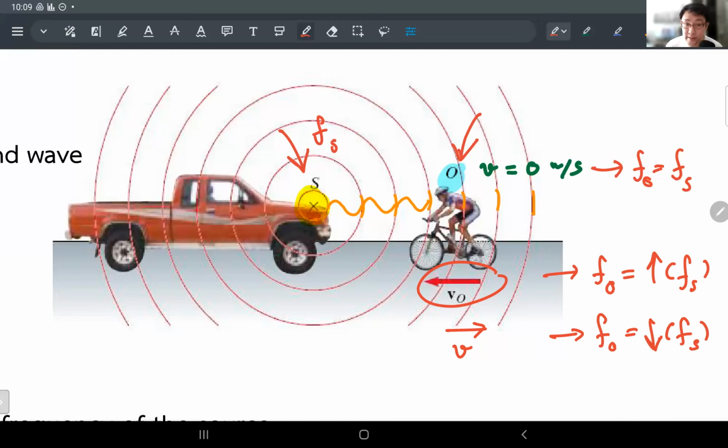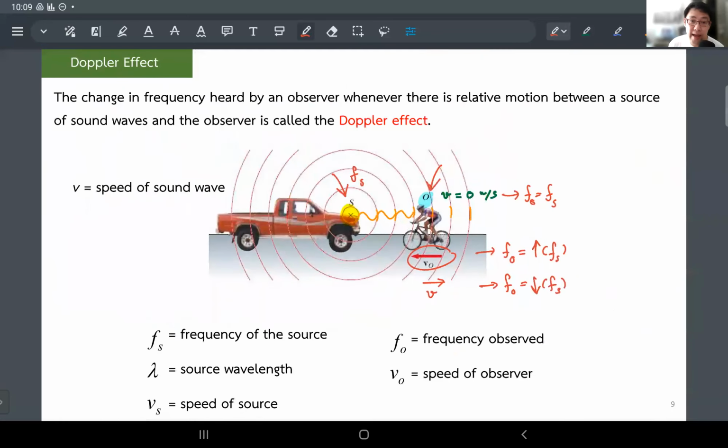That's simple. Now, if you get this one, let's agree on the notation that we're going to use. First of all, we already introduced this subscript S for the source. So if I have the source frequency, I'm going to put f sub S. And we use the O for the observer. So if I want to talk about the speed or the velocity of the observer, I put the subscript O into it.